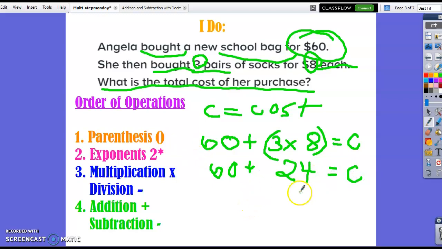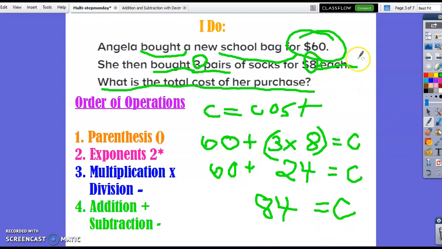So my next step is I have to add 60 plus 24. And when you add 60 plus 24, you get 84. And then you can move that down. So your solution is, you're looking for C, the total cost. Your solution is $84.